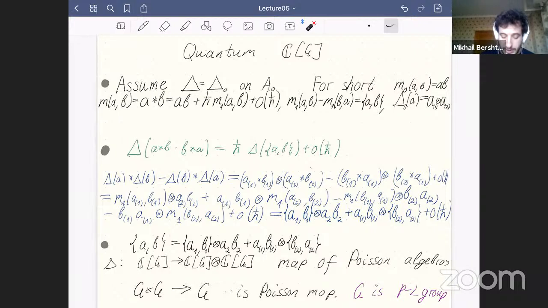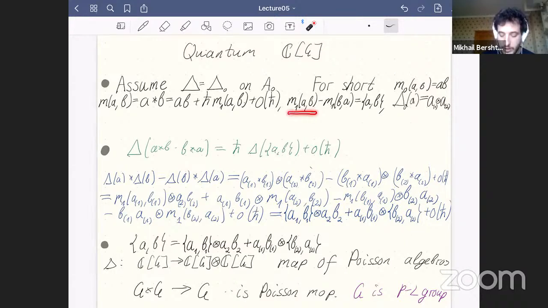The product in the algebra A, I will write as a star product, as I did in the first lecture. So it will be the product AB plus h bar times the first deformation M1, and higher terms.